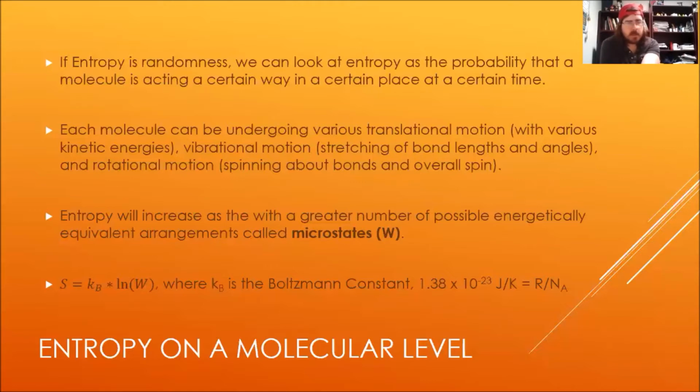S equals k_B, which is Boltzmann's constant, which is our ideal gas constant divided by Avogadro's number, times the natural log of the number of microstates, W. So as you get more and more microstates, you get more and more entropy, more and more randomness.